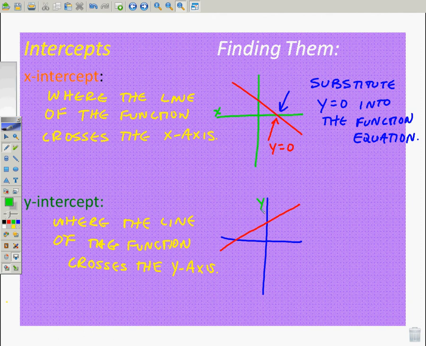And once again, this is the y-axis. What's happening right here? Well, that's where x is equal to 0. So in order to find the y-intercept, I substitute x equals 0 into the function equation.